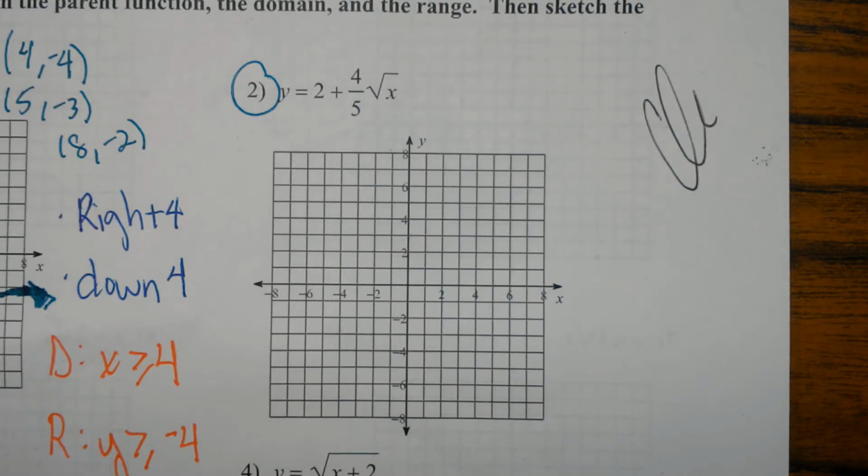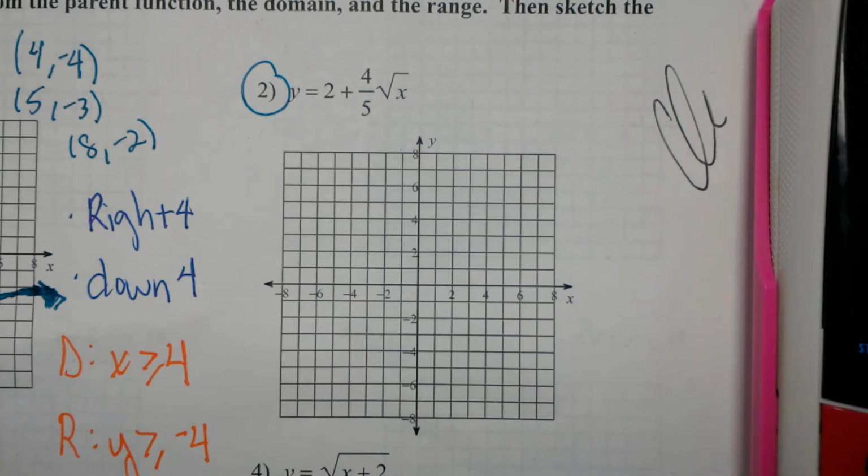So number 2 is another one that I did with you. 2 plus 4/5 times the square root of x. So I'll put that in the calculator.